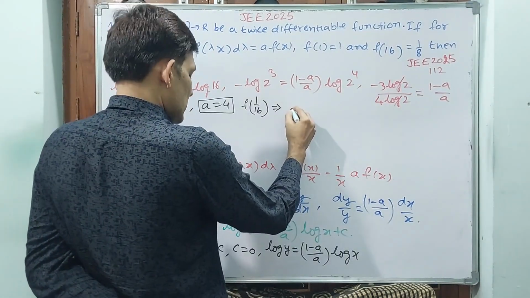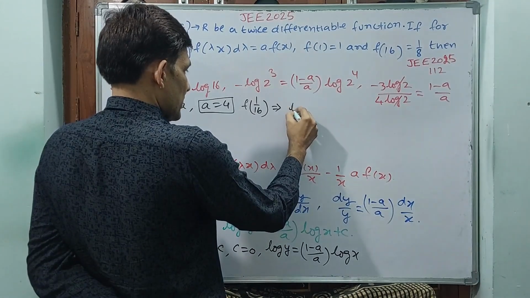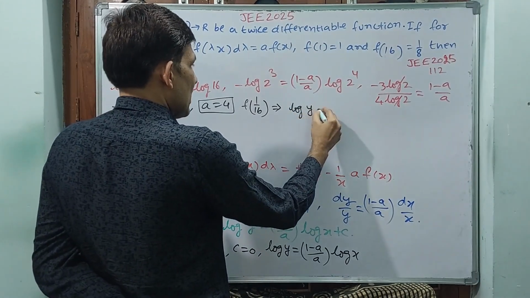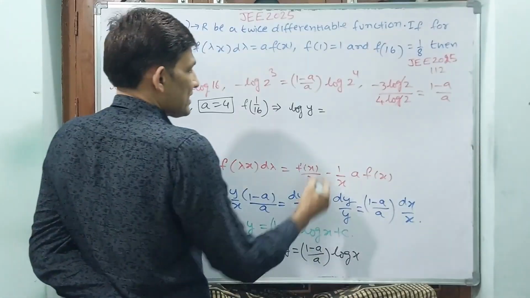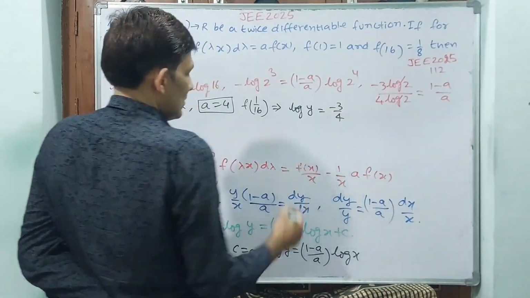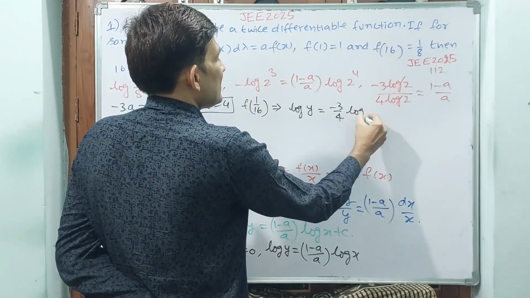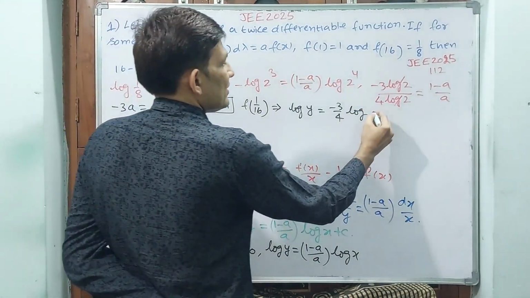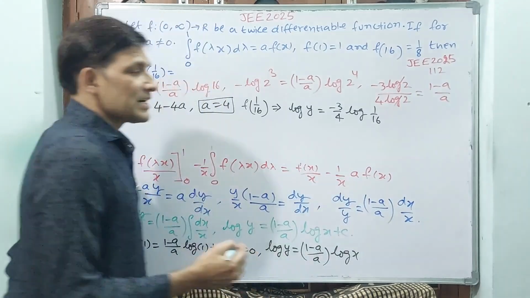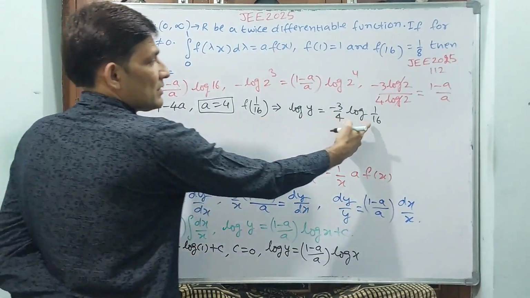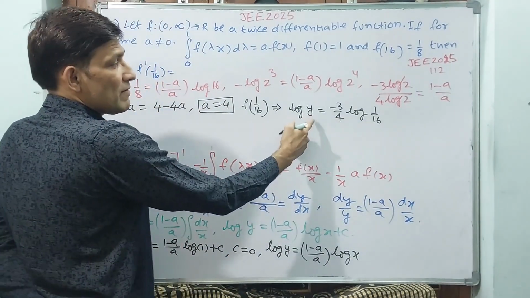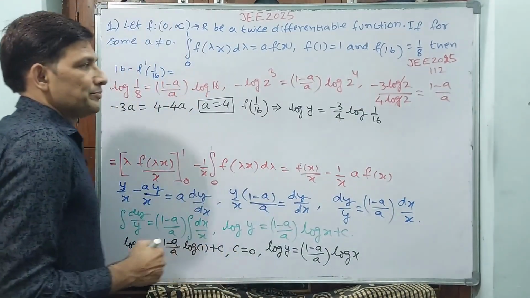Then write down: log y is equal to minus 3 by 4 log 1 by 16. A value I have substituted. Understand this step? Because x we are giving 1 by 16, we are going to find y value at 1 by 16.